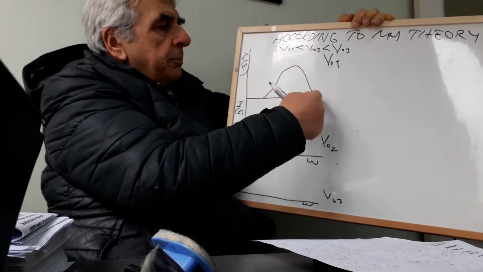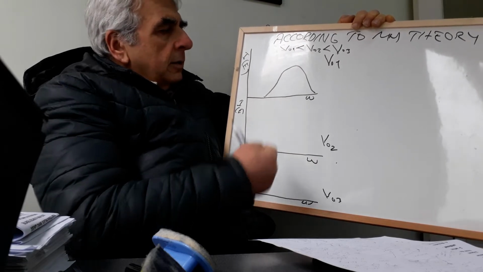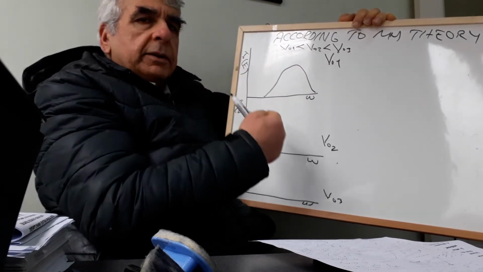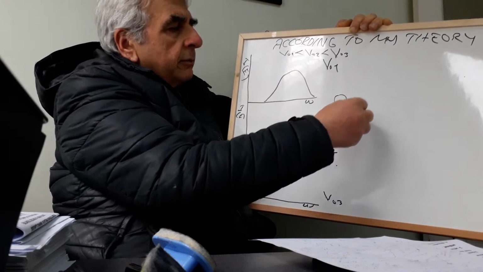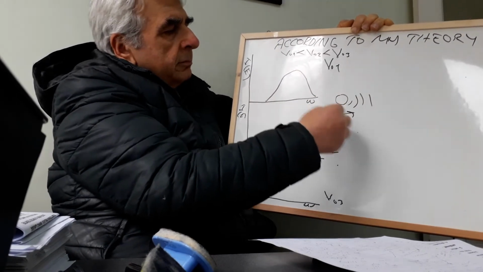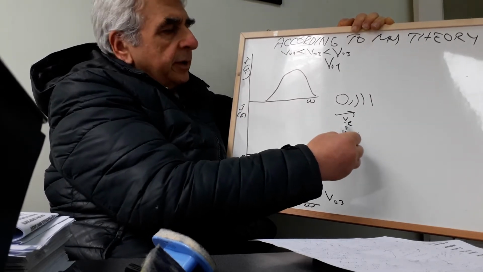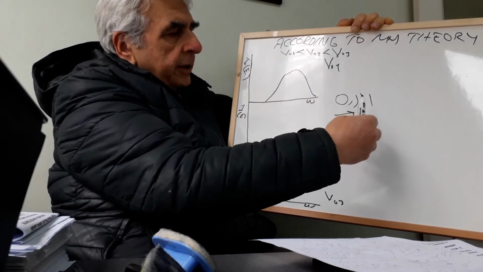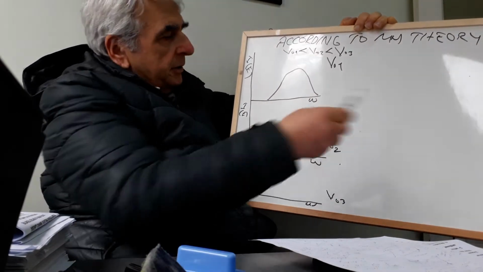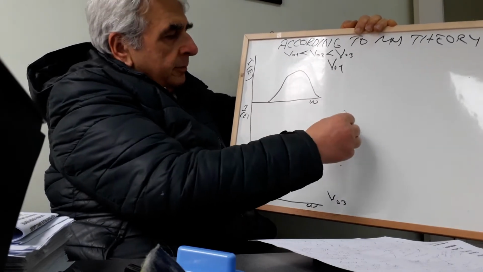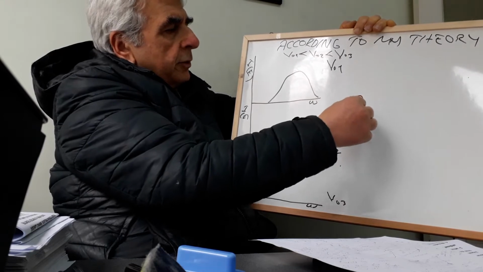This shape is from relocating free electron motion form. At a certain velocity, it is relocating. But here, this is the direction. This is the electron motion form.